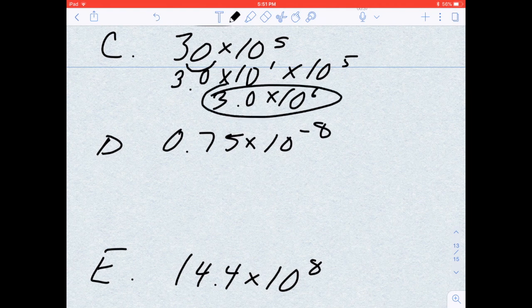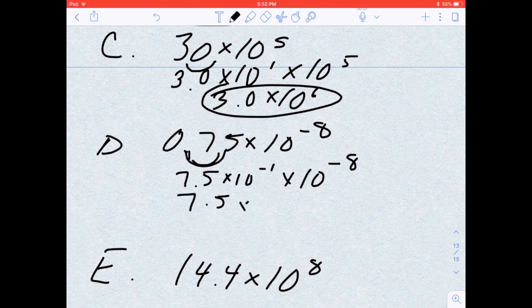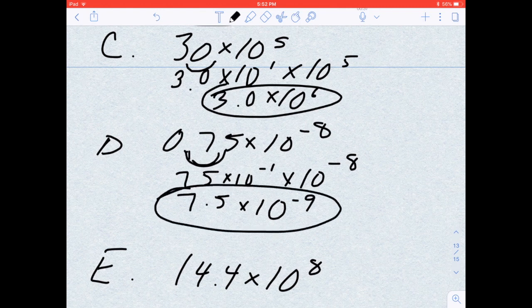All right, letter D. I'm going to move my decimal to the right. Ooh, right. So if I move to the right, it's going to be a negative exponent. 7.5 times 10 to the negative 1 times 10 to the negative 8. I'm going to add these two negative numbers with my base 10, and it gives me 7.5 times 10 to the negative 9.